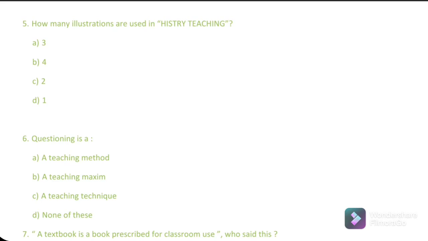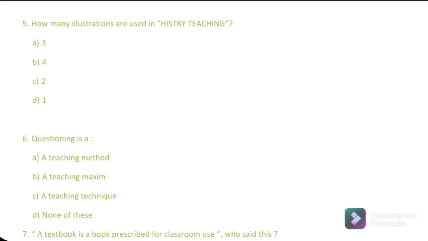So what is an illustration? Basically, illustration is a diagrammatic representation of something. When we want to explain something, we do a diagrammatic representation. So that is called illustration. The two illustrations are oral illustration and visual illustration.